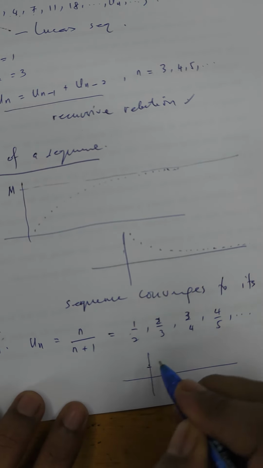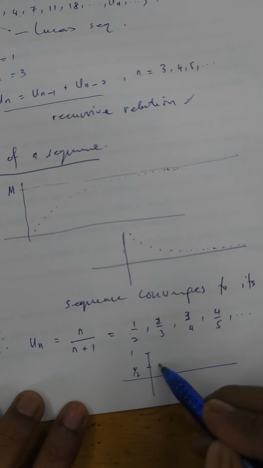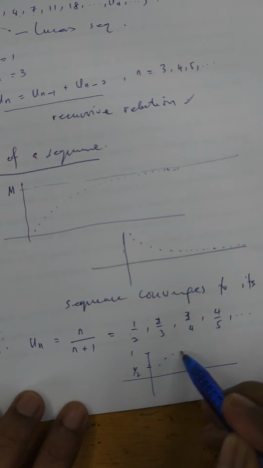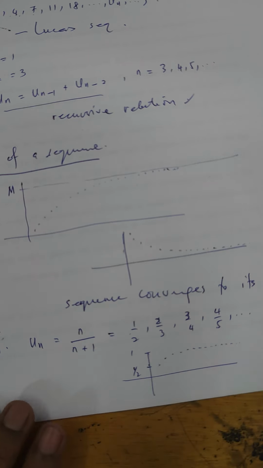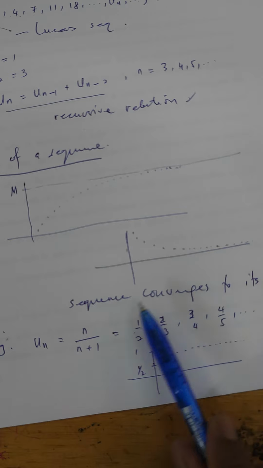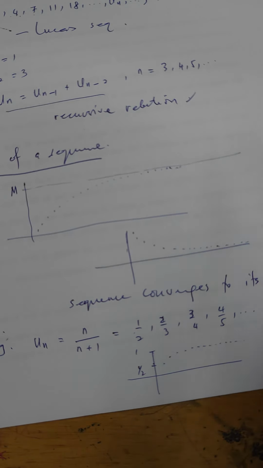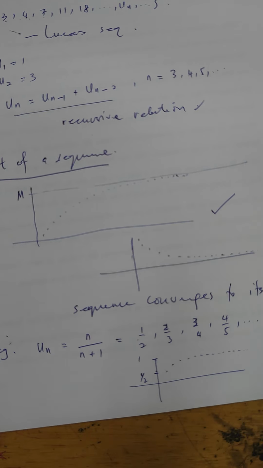So let's say half is here, let's say 1 is here, so you have that kind of sequence. It does not exceed 1. You can see from this example, this is just a sketch, to give you the idea of what the limit is, what the convergence is.